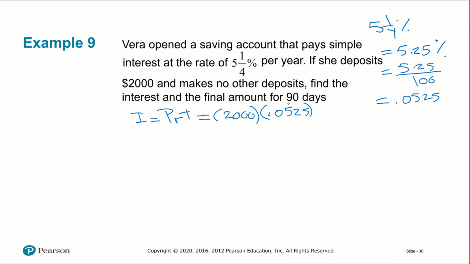And the time here is not going to be a whole number, because it's going to be just 90 days. So you just have to take that 90 days and divide it by 365. So you're going to be earning interest for part of the year, not the whole year. Now all we need to do is compute that.